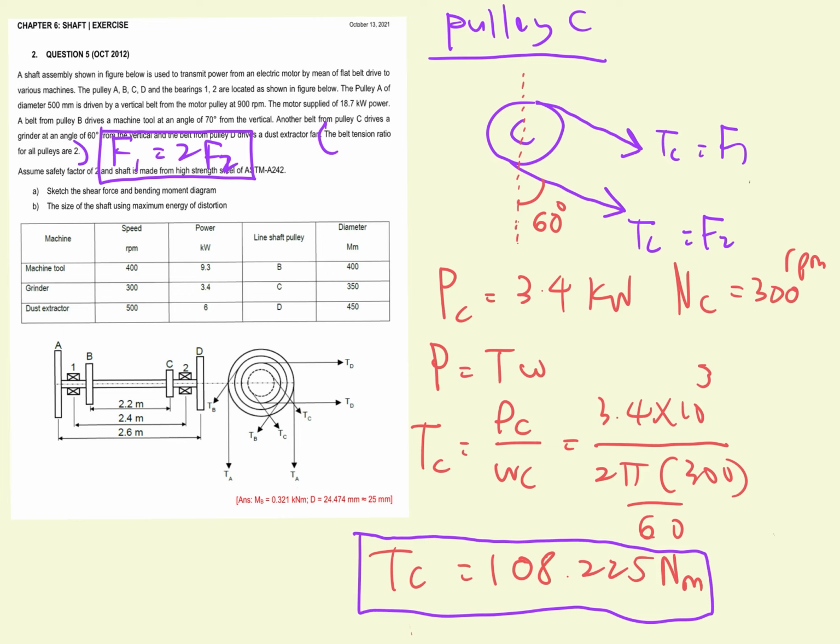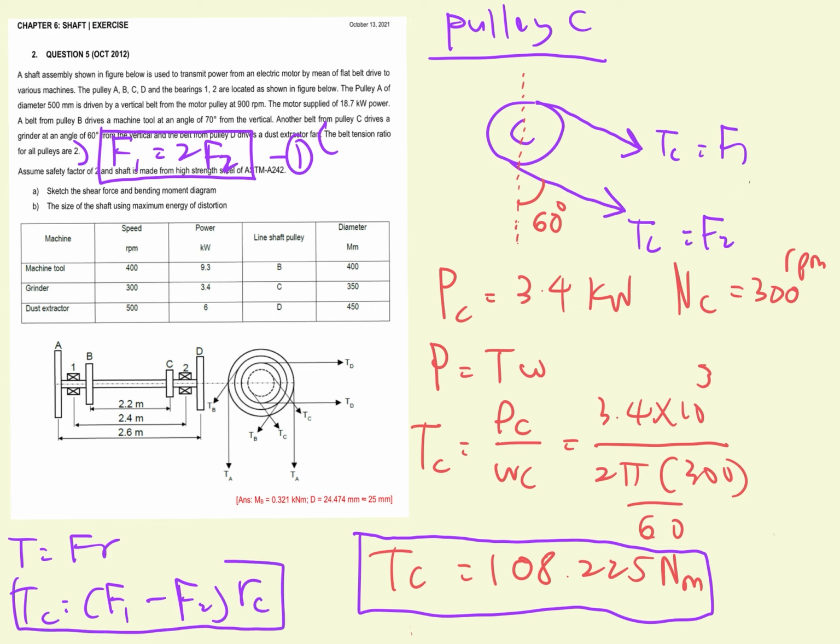The tension belt ratio is 2, so F1 is equal to 2F2. This is equation number 1. For equation number 2, we use torque is equal to F times r. So the torque at pulley C is equal to F1 tight side minus F2 slack side times the radius of pulley C. This is equation number 2.